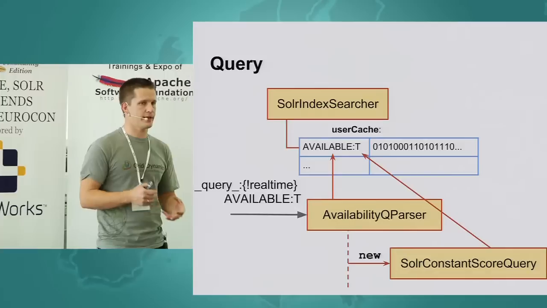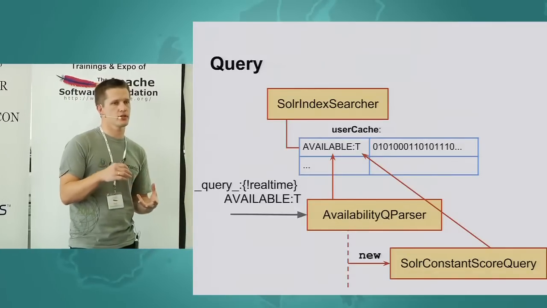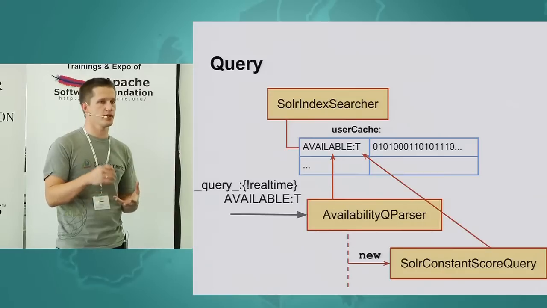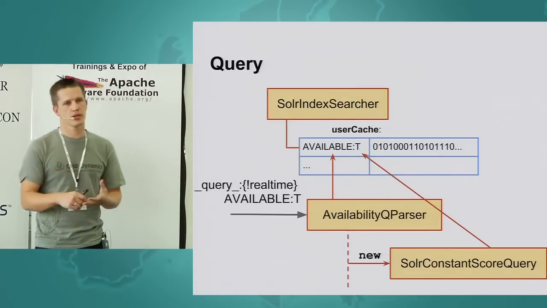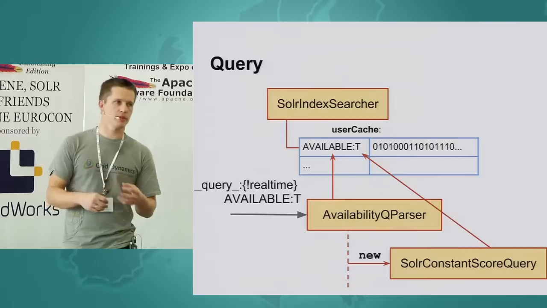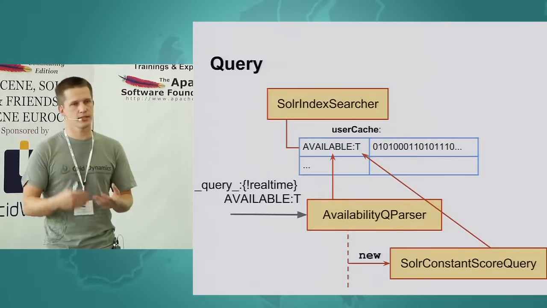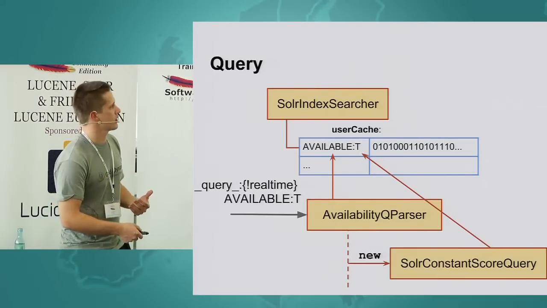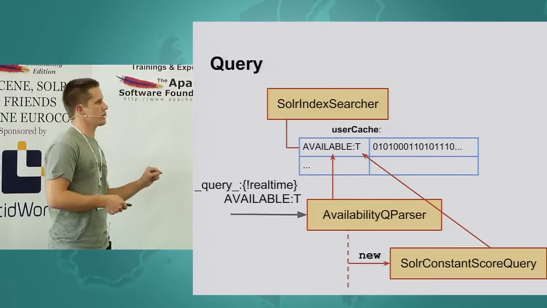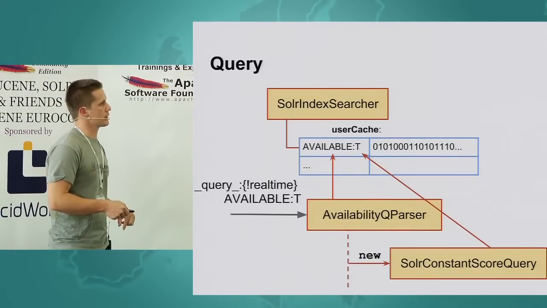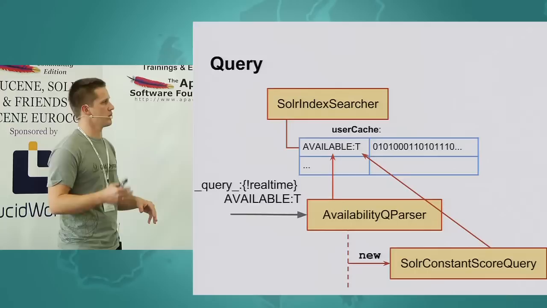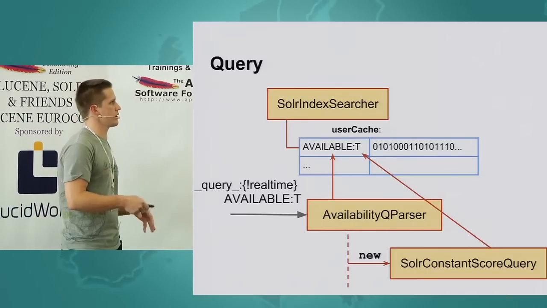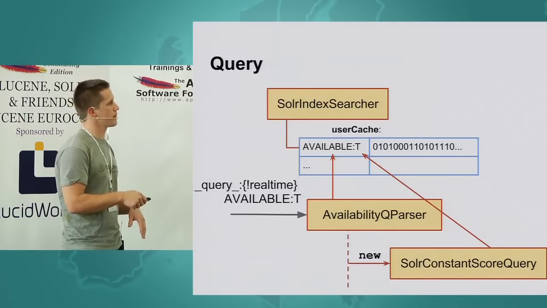Solr IndexSearcher can hold several caches, including user caches. So if your plugin needs to cache something, you should not bother with your own singletons and listening to and hooking commits. You just need to declare a user cache in the Solr config, and your plugins will be able to put everything they need into this user cache.